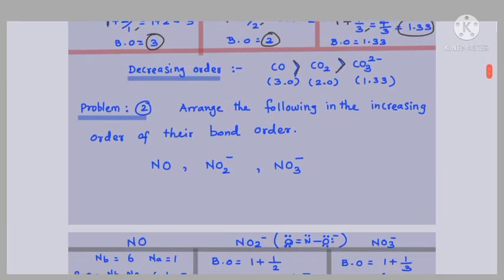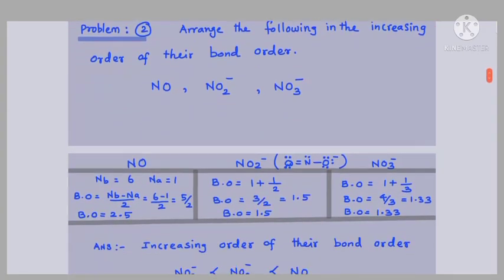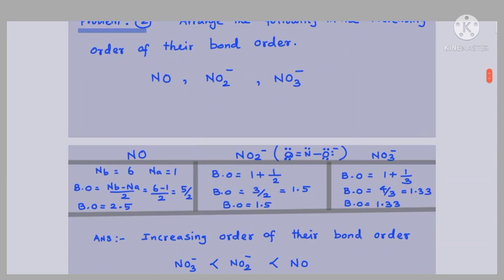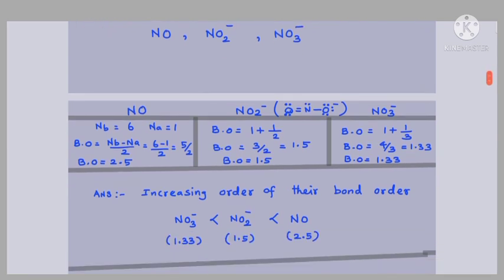Arrange the following in the increasing order of their bond order. So you have to arrange in the increasing order, lower bond order to higher bond order. Nitrogen monoxide, nitrite ion and nitrate ion: NO2 minus, the nitrite ion, and NO3 minus, the nitrate anion. So first let us calculate the bond order of nitrogen monoxide.